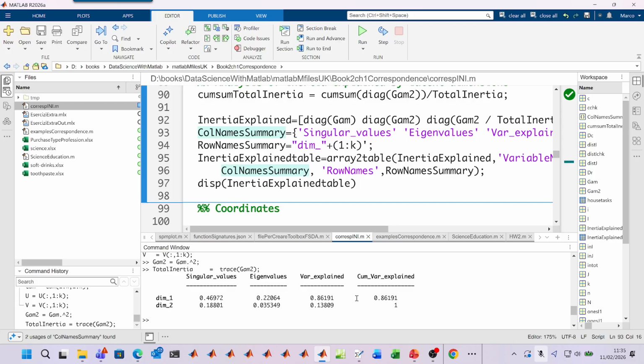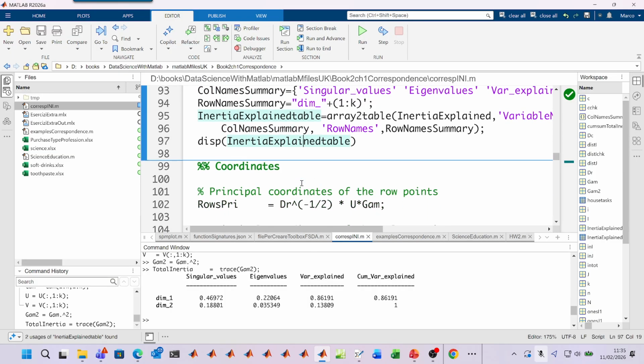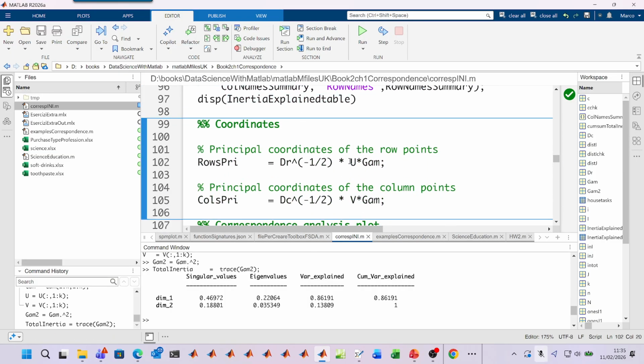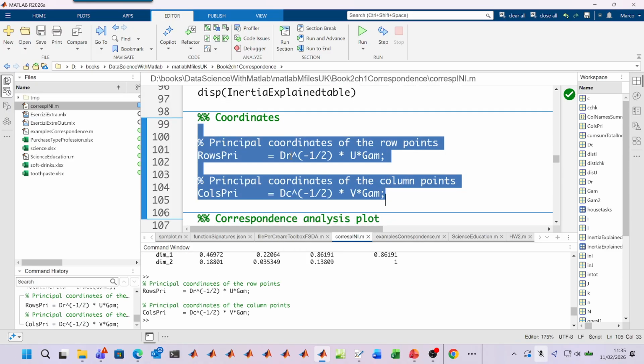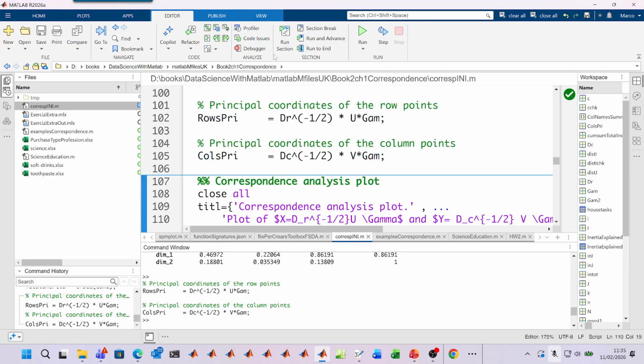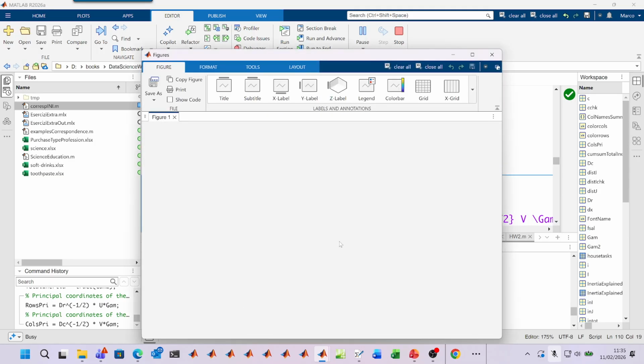There is no loss of information. Nothing is lost. And now you plot the coordinates. These are the coordinates of the row points and the column points. You plot these numbers here.